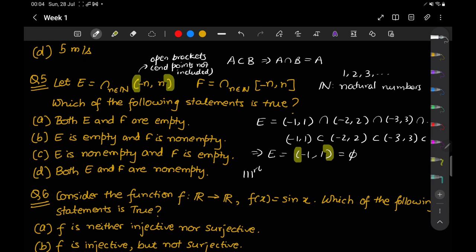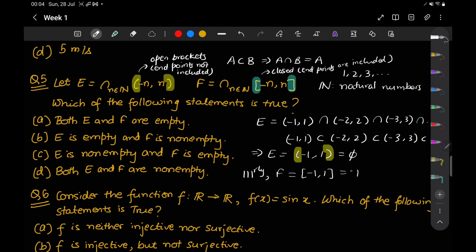Similarly, F will then be, by the same logic of subsets and intersection of a subset and a set, minus 1 to 1, and now these square brackets are actually closed. Closed meaning endpoints are included. So plus 1 is included.